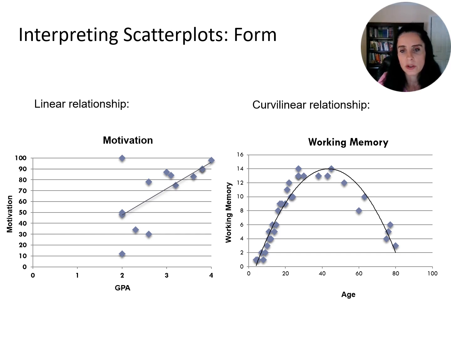We can see here that working memory is increasing throughout childhood and adolescence, becomes relatively stable during adulthood, and then gradually decreases after the age of 50. Now, this is just an example based on simulated data, so you shouldn't start worrying about your working memory now.